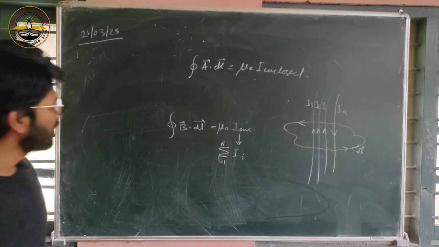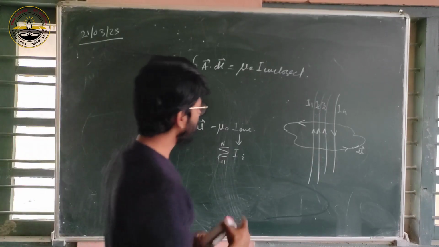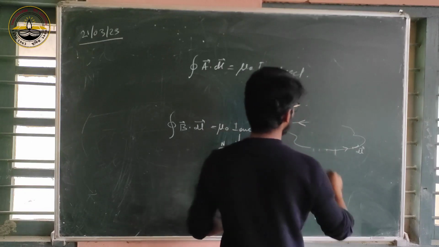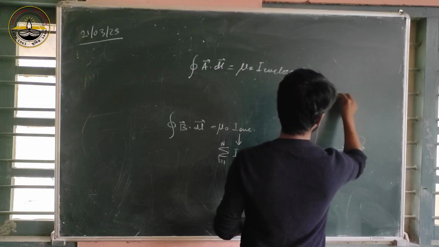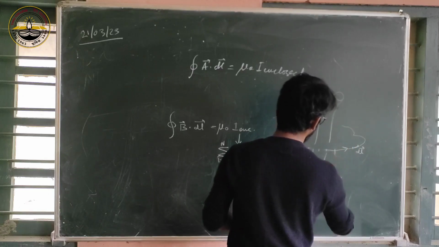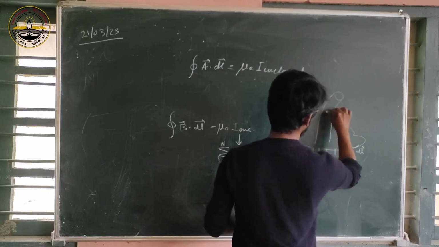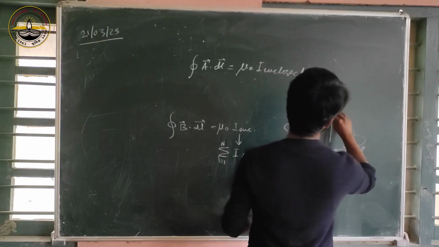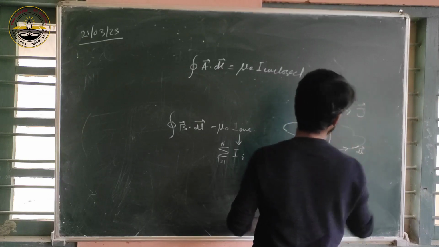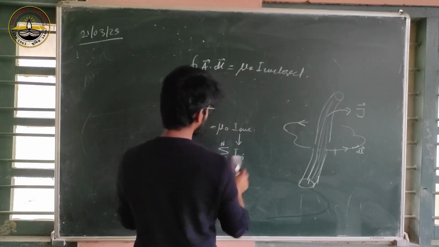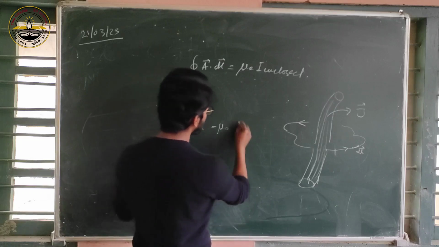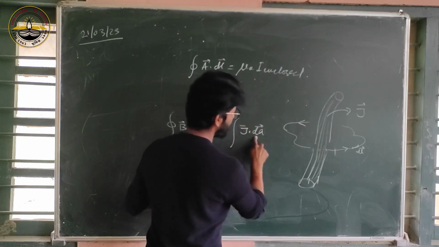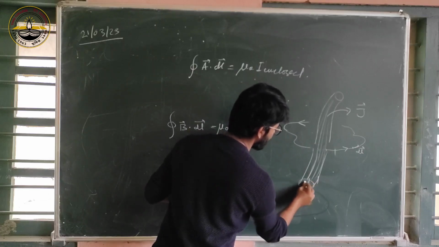If it is a volume current, let's say a continuous current, so you have some sort of wire with a volume current going on inside, and the volume current density is let's say J, then of course the current enclosed will be the integral of J dot dA, where dA is the area element.